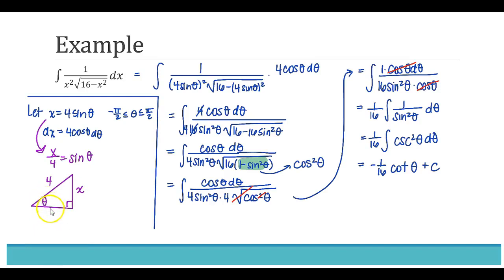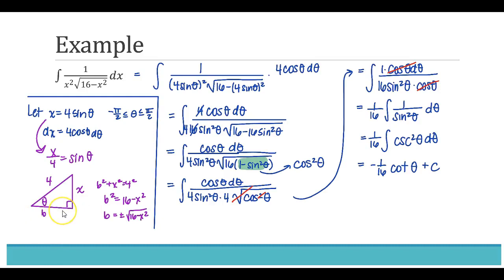Well, that just means I'm going to apply the Pythagorean theorem here to find this missing side length. So let's call this missing side length b for a second. So we know that b squared plus x squared equals 4 squared. So b squared is equal to 16 minus x squared, or b is equal to plus or minus the square root of 16 minus x squared.